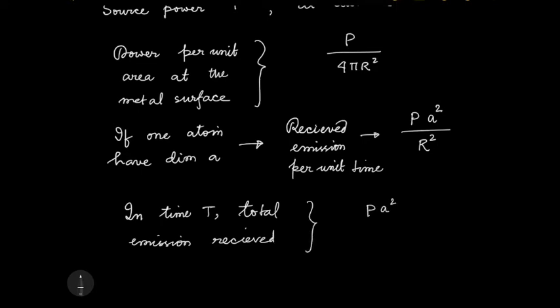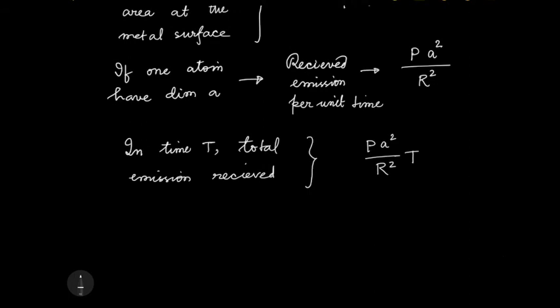Actually, at that time, the atomic electron theory is not known. So you are just assuming that the electron is somewhere there in the atom, but it will receive this much amount of energy, right? So this is the energy that it will receive.